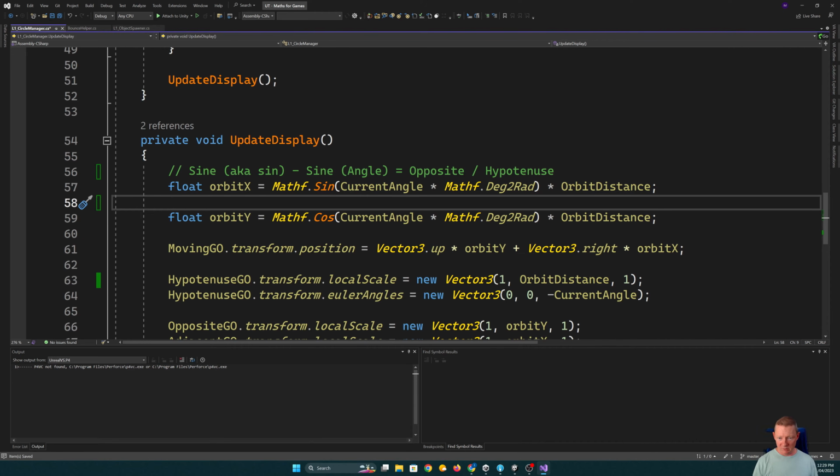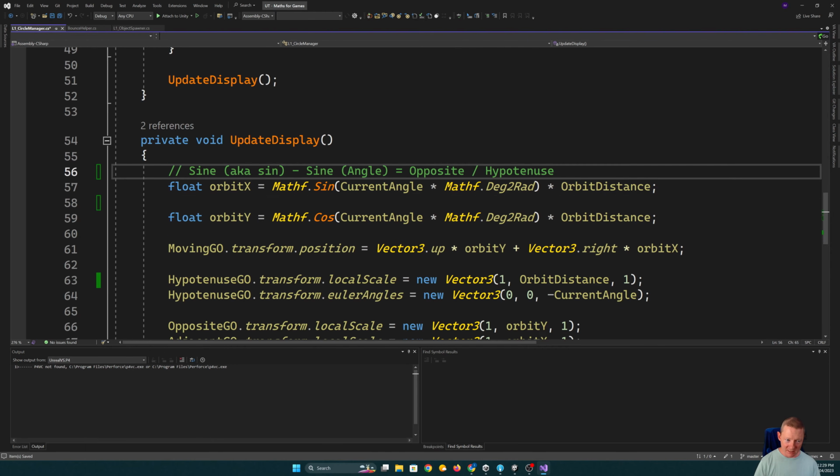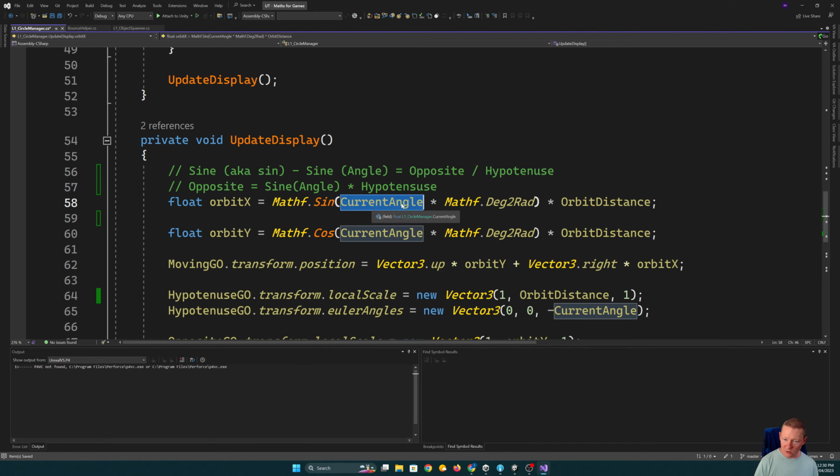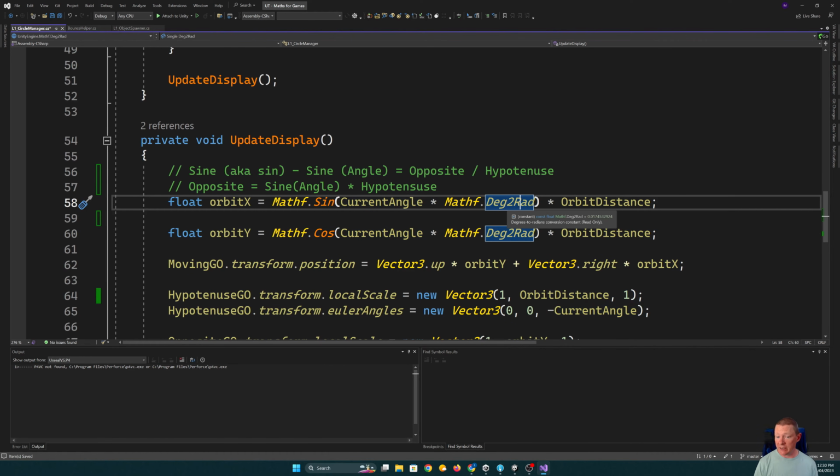If I take this and reorganize it, I can actually say that opposite is equal to sine of the angle multiplied by the hypotenuse. And that's the maths that I'm doing here. That angle, which we can see, here's how in Unity I convert it from degrees to radians, multiplied by our hypotenuse, our orbit distance. So sine is when we're working with the side opposite to the angle that we have.